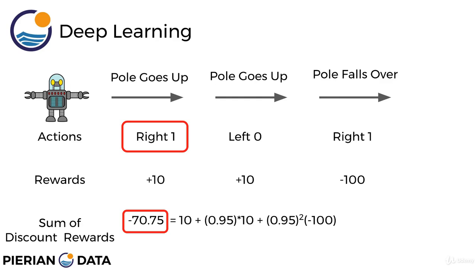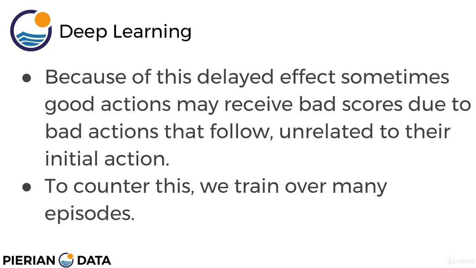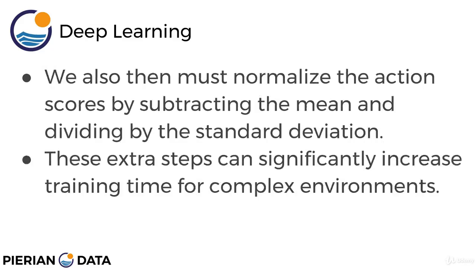If we look back here, maybe it was really going left on that second action that caused the pole to fall over. So there is a delayed effect there, and good actions may receive some bad scores due to that. But to counter this, we train over many episodes, and on average, good actions will end up receiving higher scores.